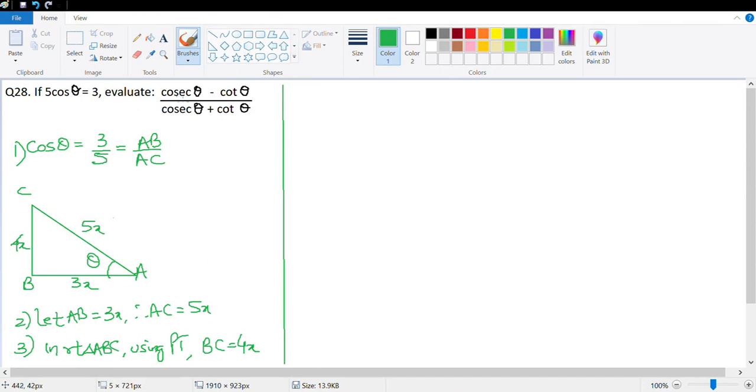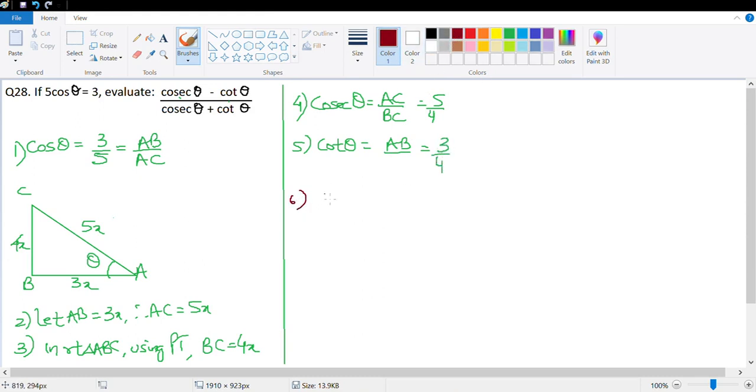Next, we need to find cosec theta and cot theta. So let's find cosec theta. Cosec theta is the reciprocal of sine, which means hypotenuse upon perpendicular, which is 5 upon 4. And cot theta is reciprocal of tan, which means base upon perpendicular, which means 3 upon 4.